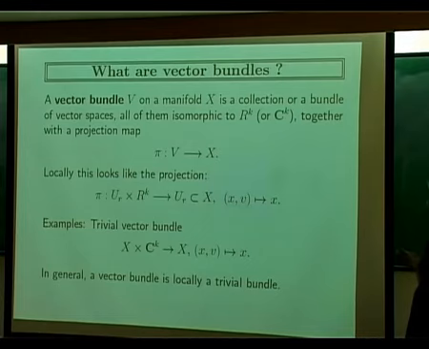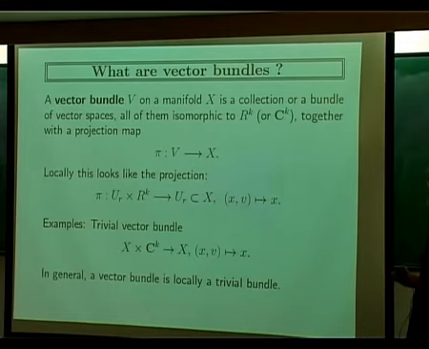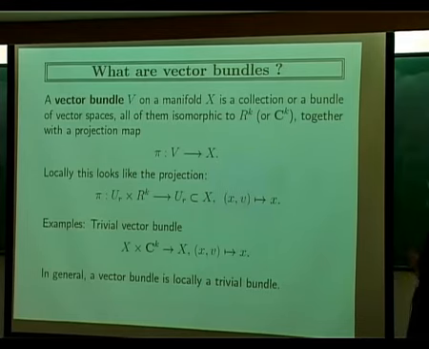And to a vector bundle, so it's a manifold, right? Firstly it has a dimension, which will be the dimension of X, because you are just looking locally, it looks like a product of an open subset of your base, plus the dimension of your fiber, the dimension of the vector space you attach. So you can define the dimension of this vector bundle, and then the second property you can look at is the rank of this vector bundle.